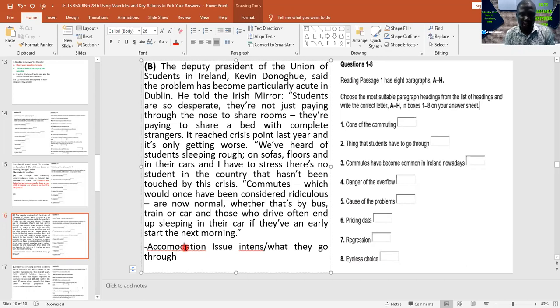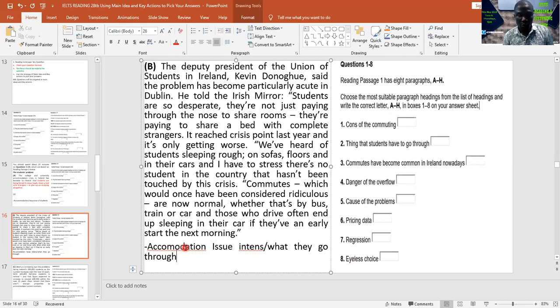Okay, it reached a crisis point last year, is only getting worse. We have heard of students sleeping rough. It's giving other things that students do on sofas, floor, in their car. And I have to stress, there is no student in this country that has not been affected. He's still emphasizing the same thing, what students go through.